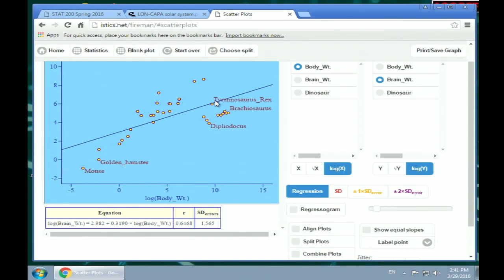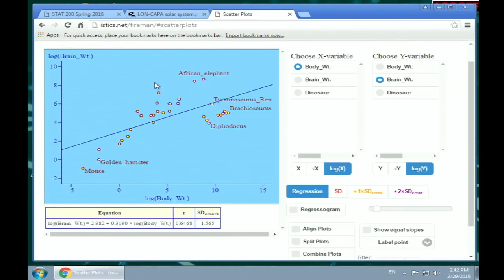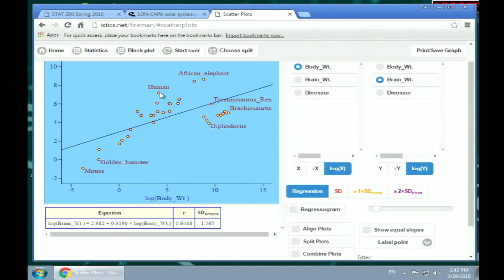Who's this? Tyrannosaurus rex. You see, he's a little smarter than the average dinosaur. He's actually on the line. They all have lower brain weights than predicted by the regression line. Tyrannosaurus rex is a predator, a little bit smarter, had to be fast and hunt rather than just eat plants. Now here's humans, way above, with a huge residual.